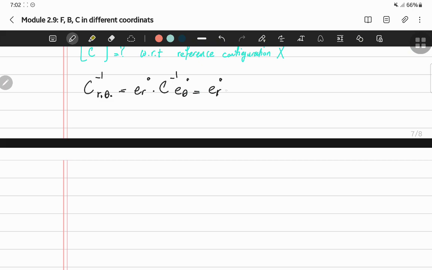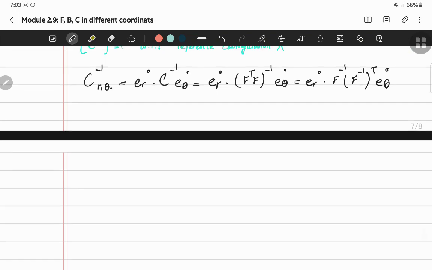So F transpose F inverse E theta 0 is equal to ER0 dot F inverse, then F inverse transpose, or F transpose inverse, then it becomes F inverse transpose E theta 0.